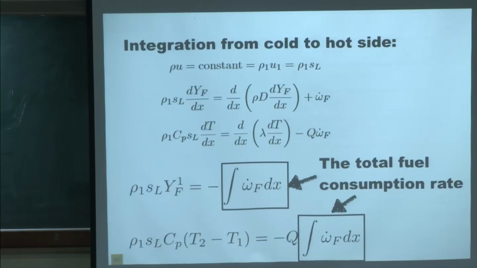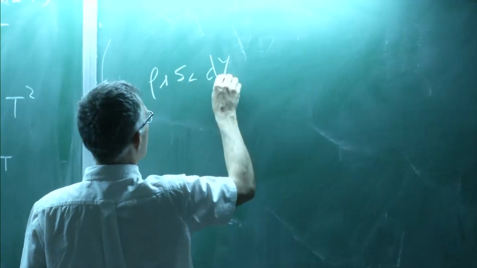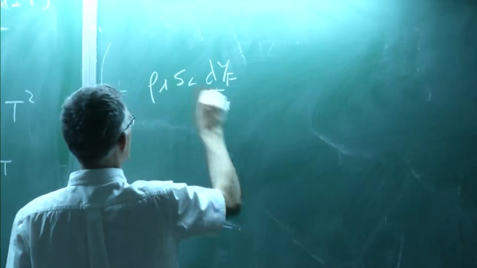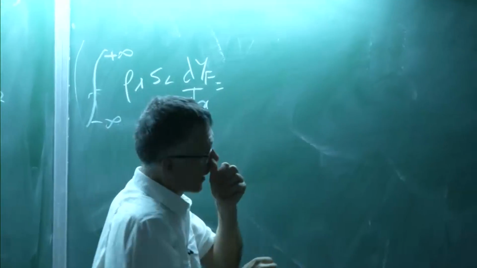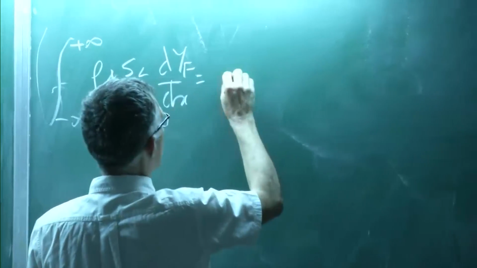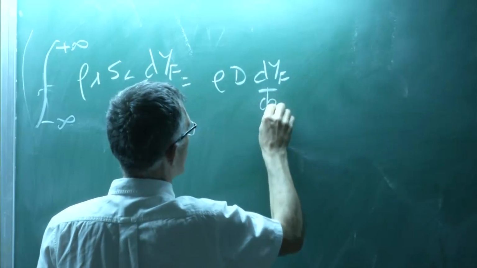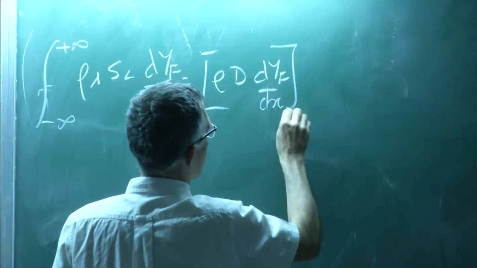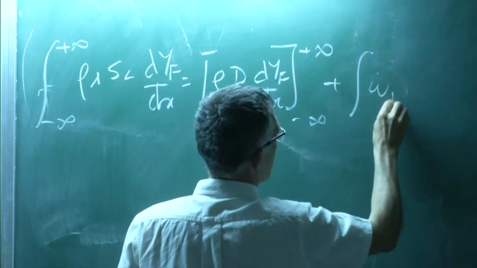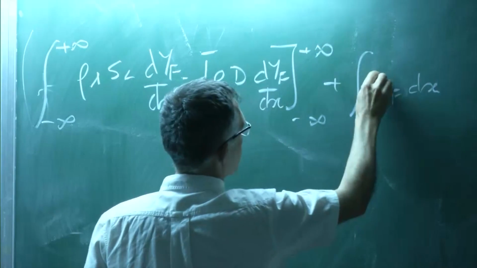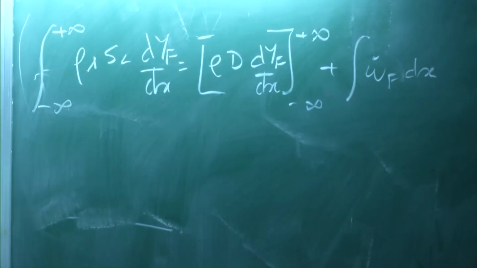If you take the first equation, for example, this one, and you integrate it from minus infinity to plus infinity, you see that a lot of things are going to be simplified. The second term here becomes equal to this, minus infinity to plus infinity, and the third one is the integral of omega dot F dx. So those terms have very simple interpretations.